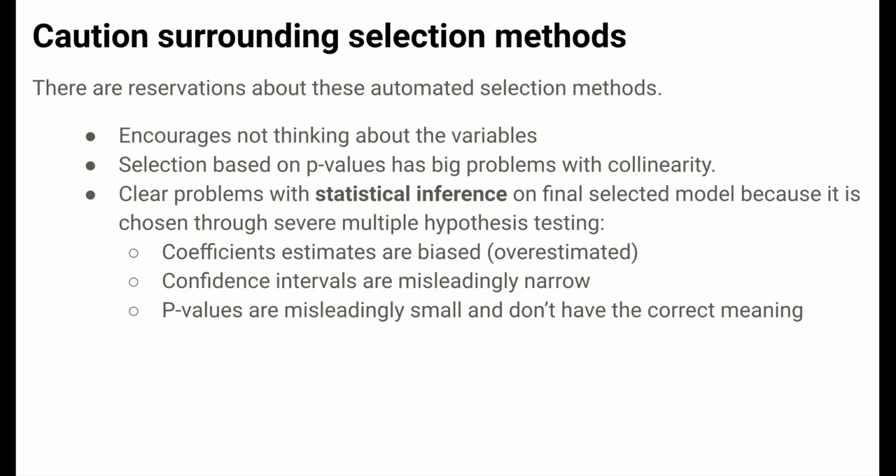To cite a few problems with inference, the coefficient estimates tend to be overestimated, the confidence intervals on the coefficients are misleadingly narrow, and p-values are misleadingly small, and they don't mean what they should due to the multiple hypothesis testing. If we think about what is happening in these variable selection procedures, we can see why these issues arise. At each stage of selection, we are fishing for the best possible predictor.